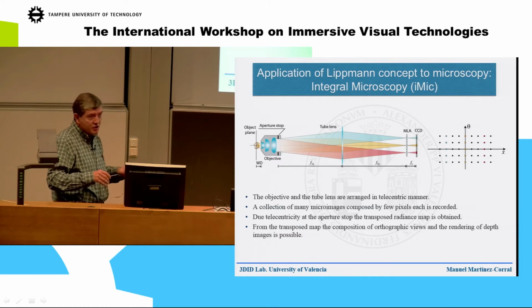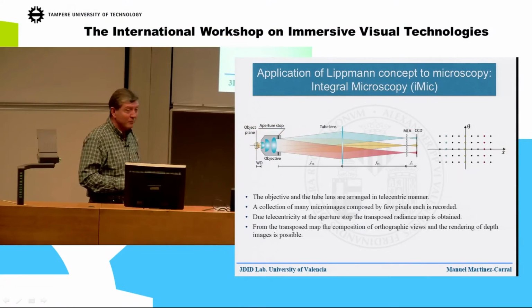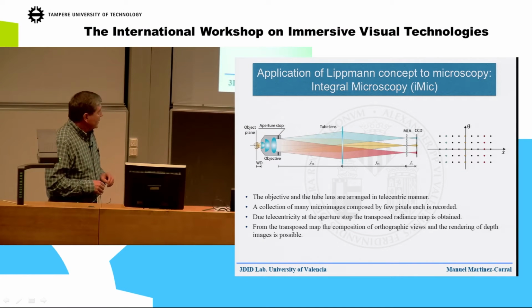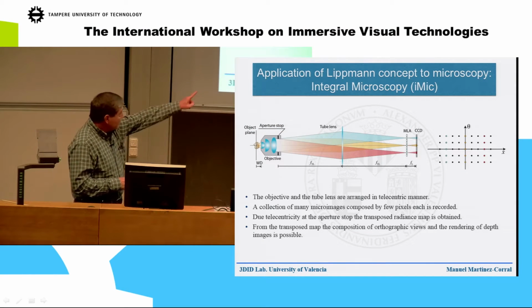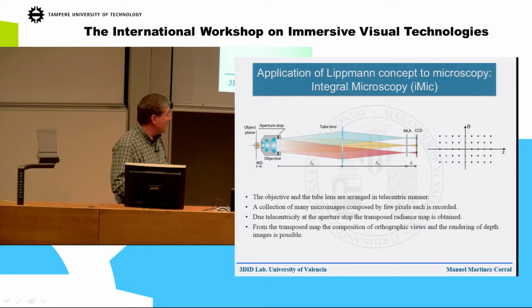With this integral microscope, working with very small samples, what we obtain is a collection of usually many micro images, and behind any of them we have a small number of pixels. This is the representation of the radiance map, of the plenoptic map.